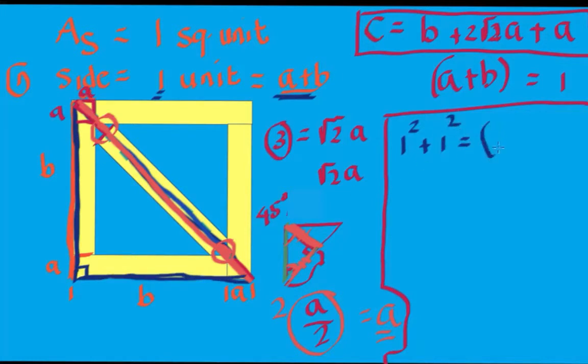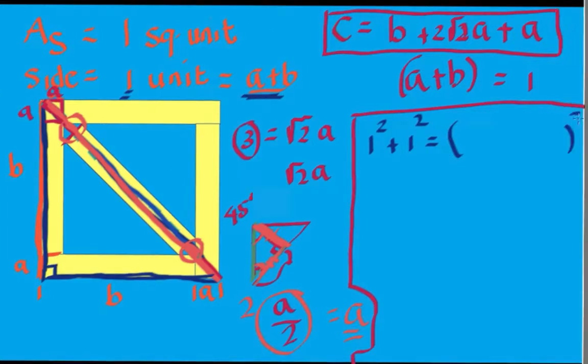This is equal to the square of this hypotenuse, which we already know to be B plus 2 square root of 2 A plus A. 1 squared is 1 plus another 1. This is equal to 2.